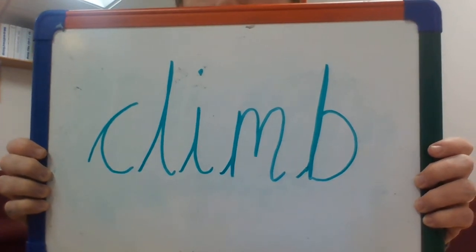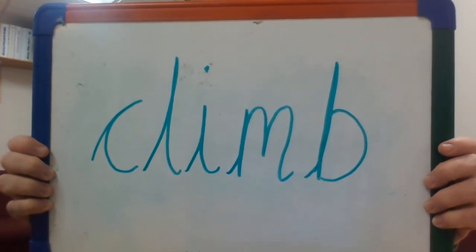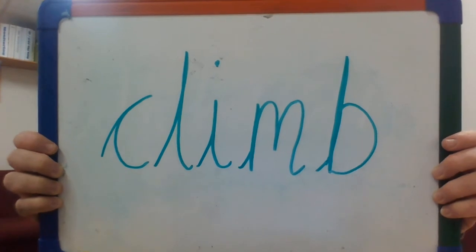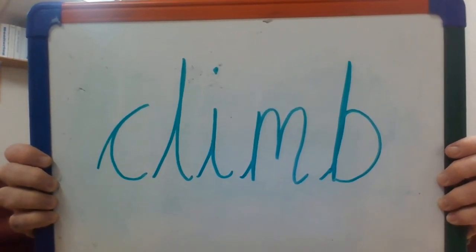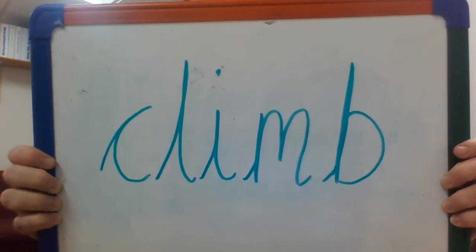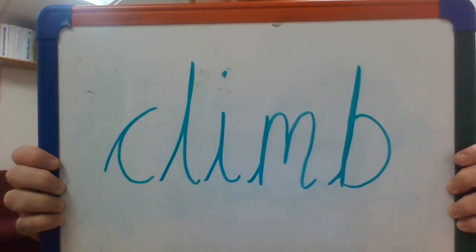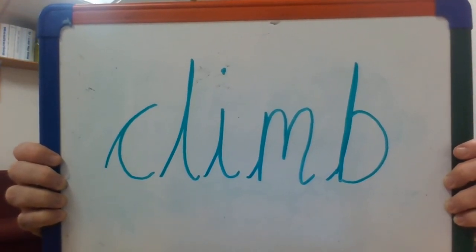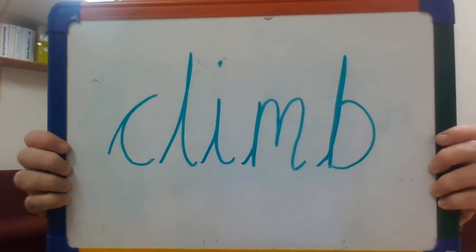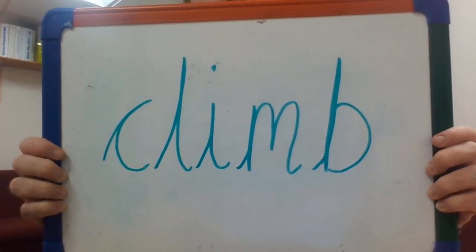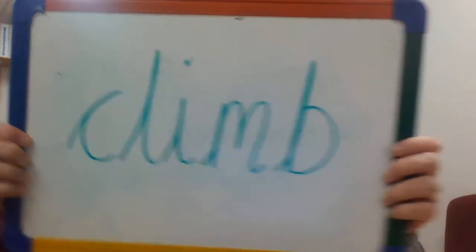We don't say the B at all. So it's almost like there's an E at the end instead of a B. It's the word climb, isn't it? Okay. Now see if you can write that word climb. That was a big clue there. Have a go and see if you can write that word climb.